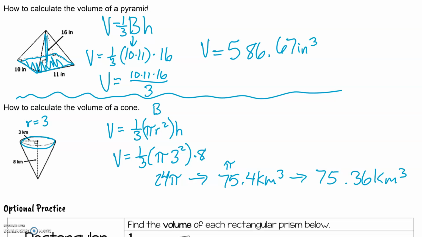So you could end up with one of these three answers. This would be in terms of pi, which is the most exact answer. And then this is using the pi button on the calculator, and this is using pi, which is equivalent to 3.14.